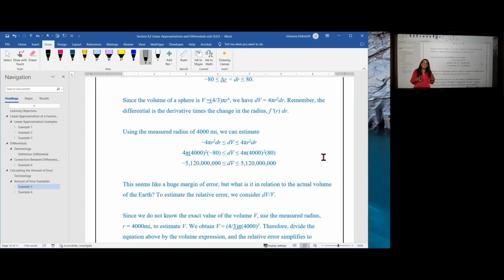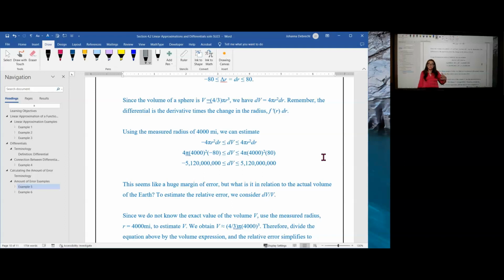But what is it in relationship to the actual volume of the Earth? Is this a large percentage of the volume, in which case it's not a good approximation, or a small percentage, in which case it is a good approximation? To estimate the relative error, we're going to compute this change in volume that we see here with the volume.